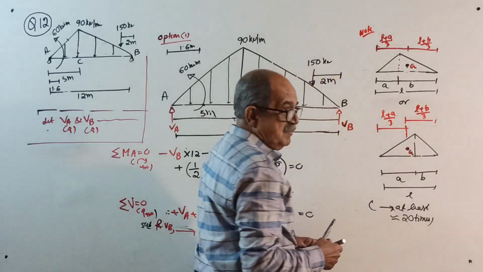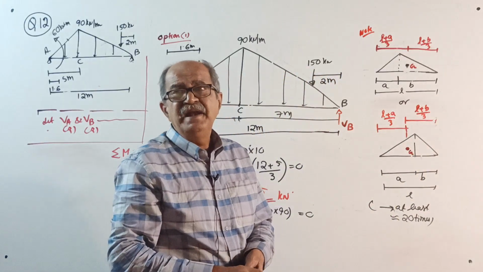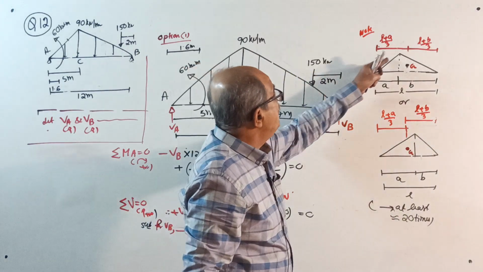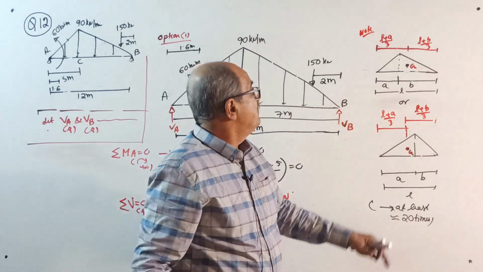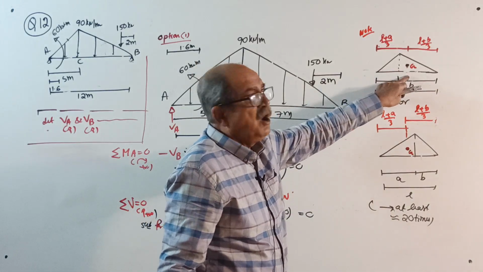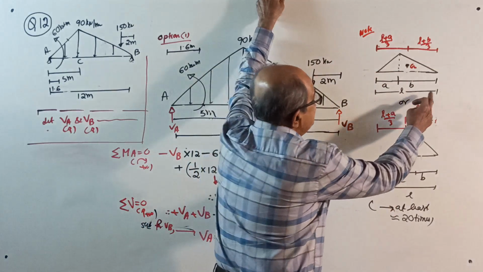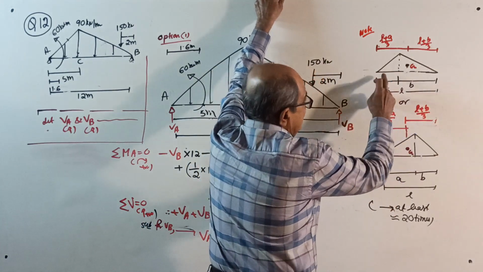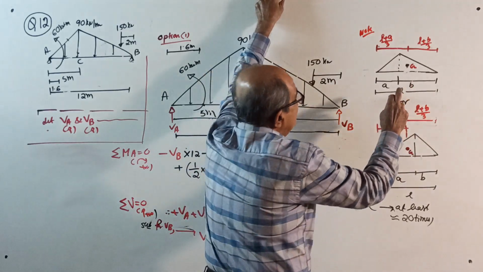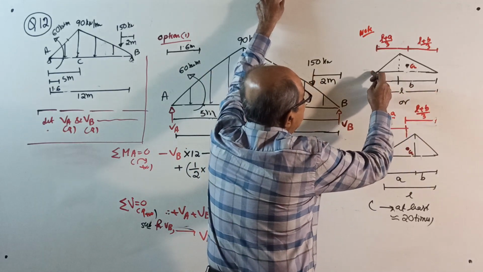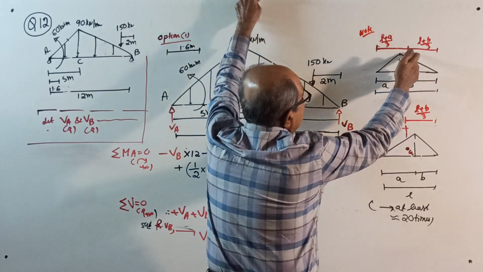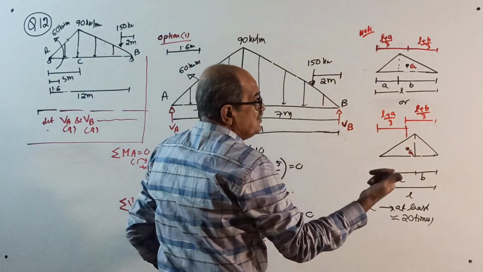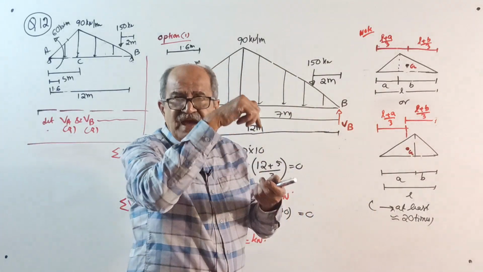But still, as a reminder, when a uniformly varying load is maximum not at the center, for some length L, if the maximum is exactly at the center, like the last question, the centroid will be exactly at the center.